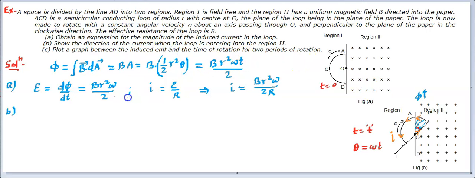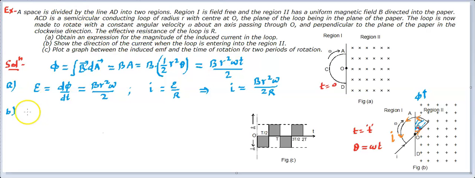And the third part: plot the graph between induced EMF and the time of rotation for 2 periods. For part C, we can use this figure. Now this EMF we can write as minus d phi by dt.